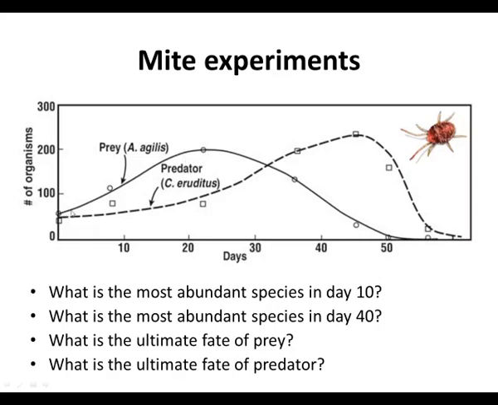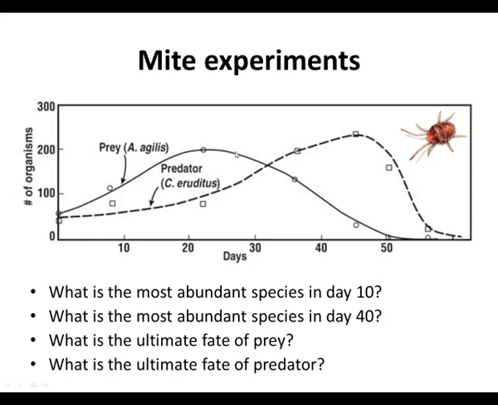When the prey population is increasing, it'll provide lots of food for the predator population, right? So they can eat and reproduce, so they can increase too. But as the predator population is increasing, that can have a negative impact on the prey, because more predators will eat more prey.